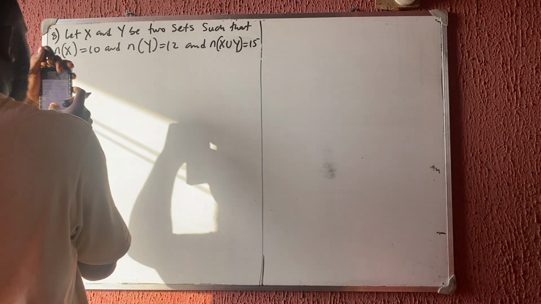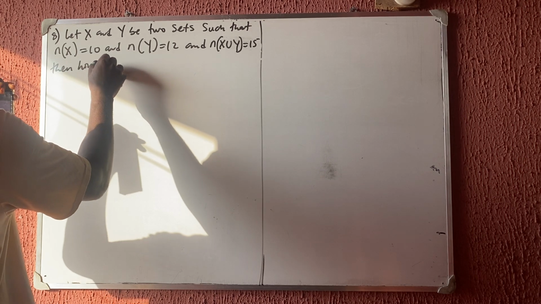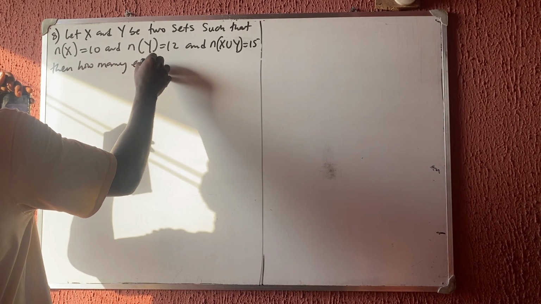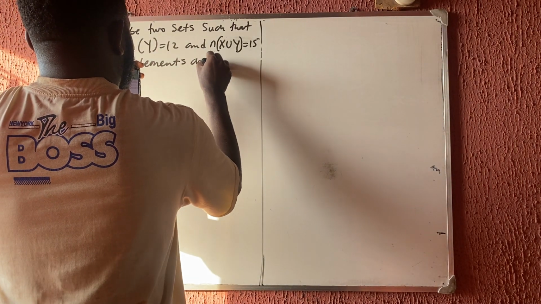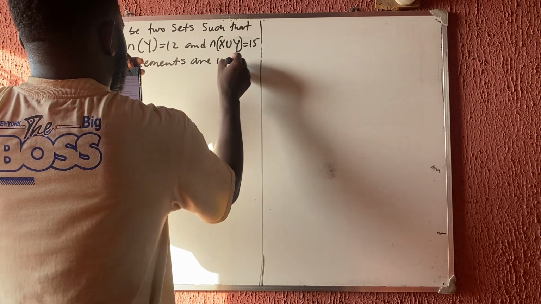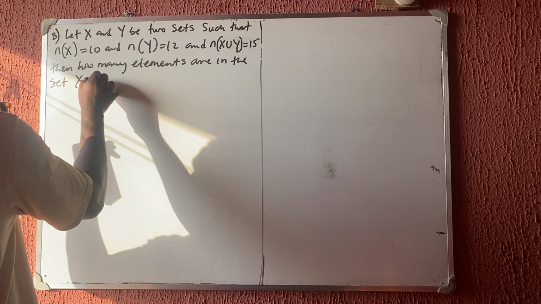Then how many elements are in the set x intersection y?